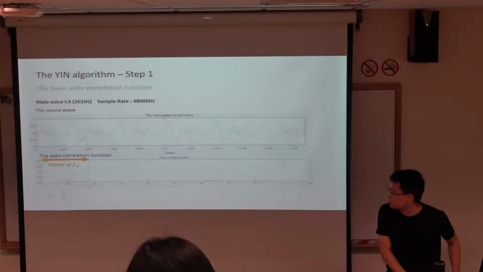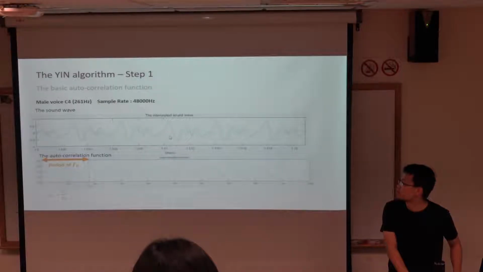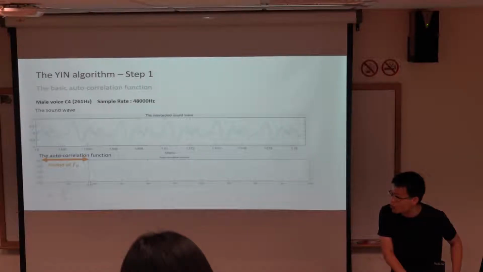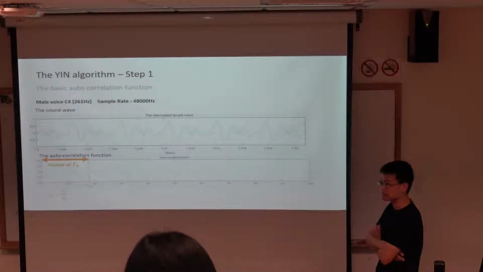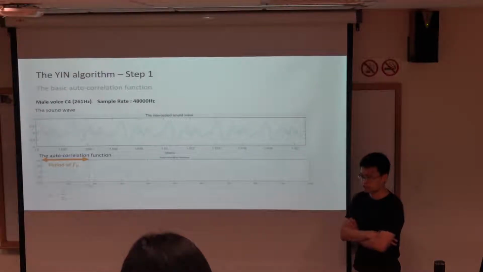Let's just calculate this quickly. Tau 0 is the number of beings. It's a signal period represented with number of beings, right? So one being stands for 1 over fs second, and tau 0 beings stands for tau 0 over fs second.